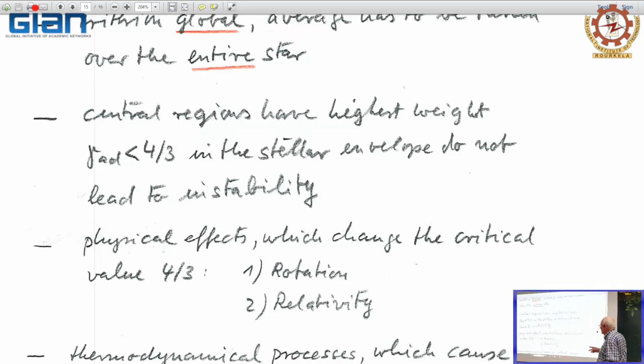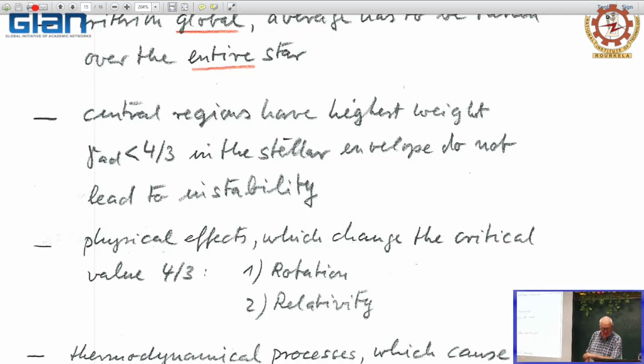That means the critical value which needs to be undergone is smaller if you have an additional support. Relativistic effects may have the opposite effect. Then the star gets more unstable. This means that the critical value of gamma then becomes bigger than 4/3.